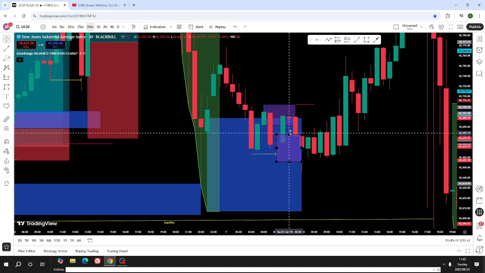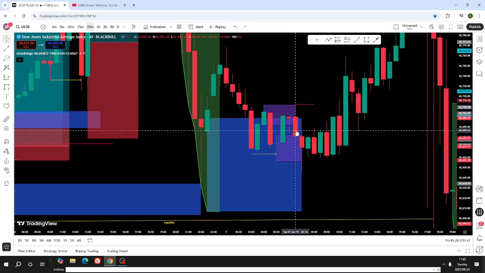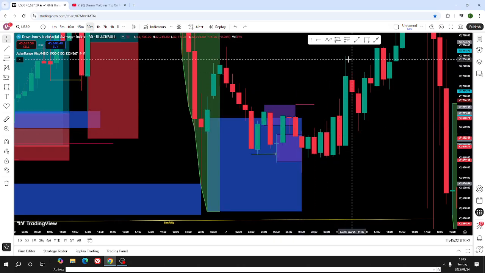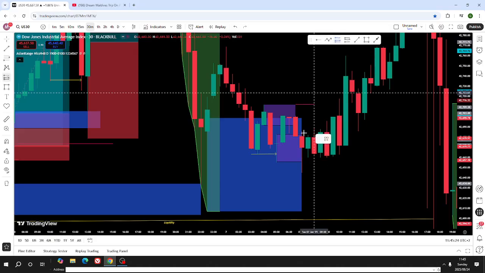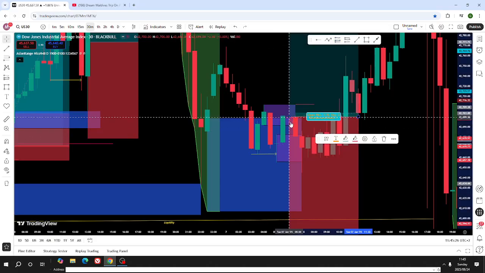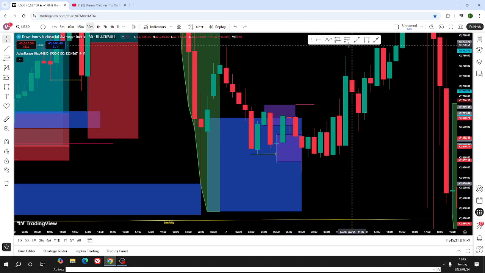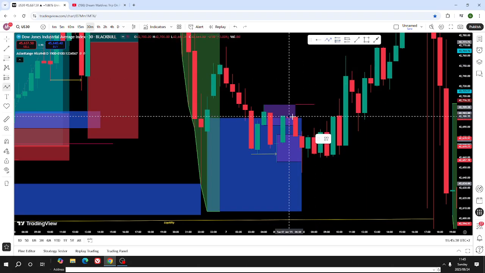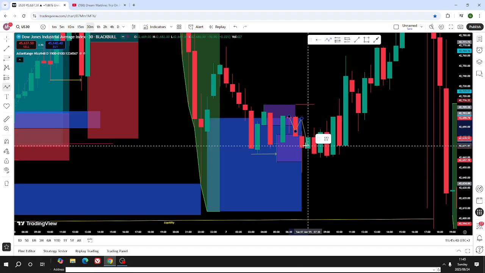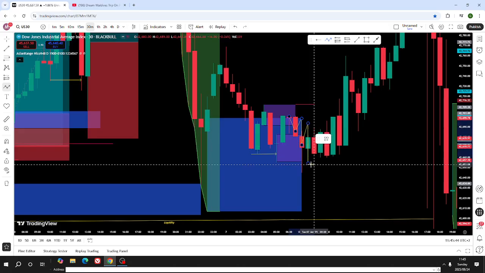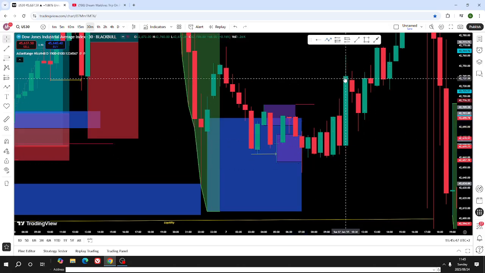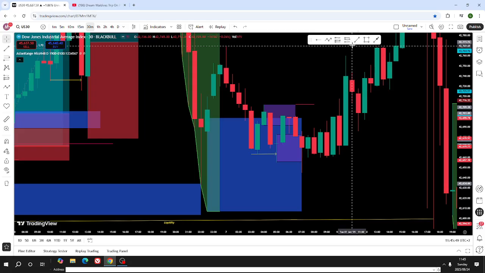I think the confirmations could have been in 5 minutes, 10 minutes, or 15 minutes, whereby we see, maybe as we see the market coming into this supply, that's where maybe we will get to see some things like this, like maybe a change of character, a tap into the order block, and then continue coming towards the downside. That's what we could have seen in the lower time frame, and yeah, something like that.